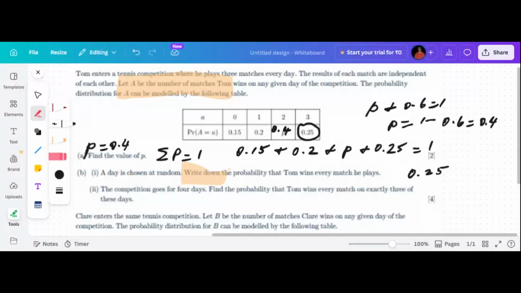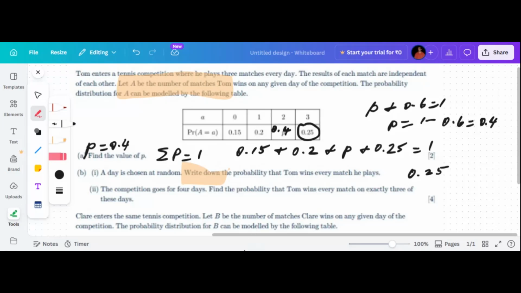You don't have to show anything, just the final answer, which is usually easily obtainable from information that has been given before. So here we know that the probability that he wins all three matches is 0.25. So that's the answer to question B, part 1.